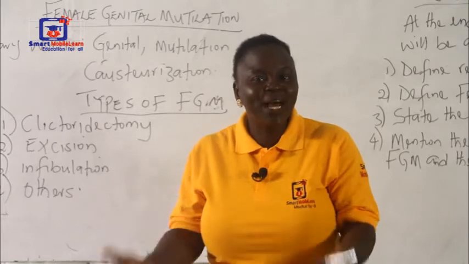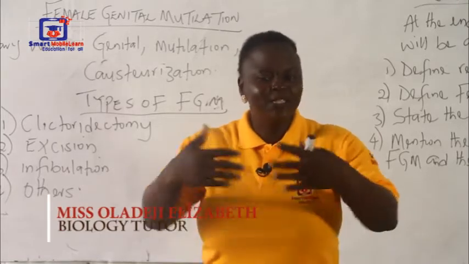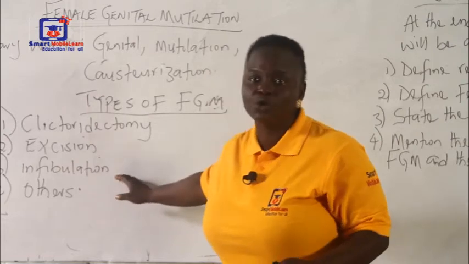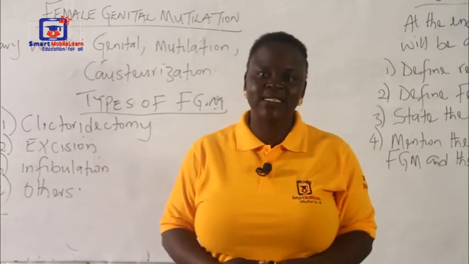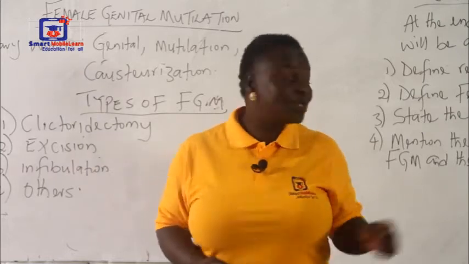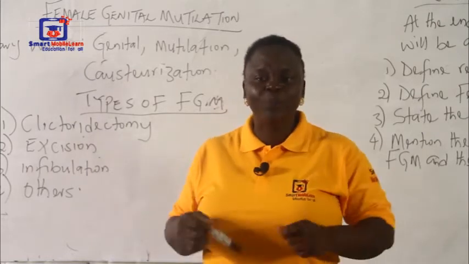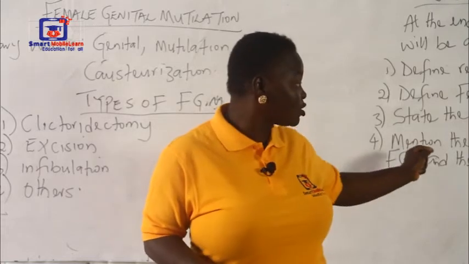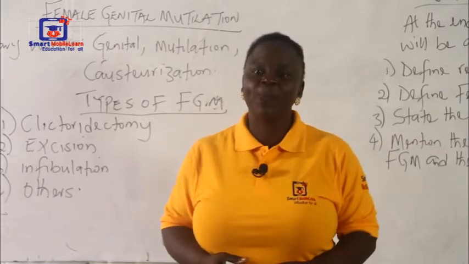And so, without the knowledge of the doctors, the woman begins to push, and the baby does not have an opening to come out. Complications can set in, which can lead to the death of the child and also the mother. So those are other effects. It can lead to death, complications, pain during sexual intercourse. These are some of the effects of FGM.